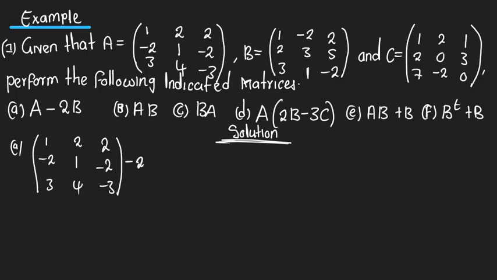Then you say 2, open bracket. Then you get your B matrix, which is this matrix here. You put it there. So the 2 that is outside is actually multiplying everything that is going to be inside. Okay?